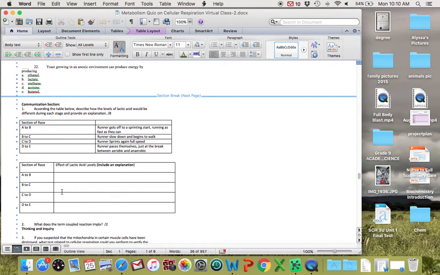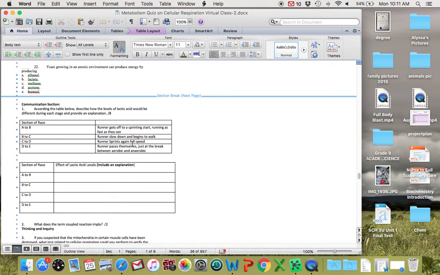From B to C, when they're walking, they should be lowering their lactic acid levels because now you have a surplus of oxygen. All the lactic acid you built up from A to B, you now start to break down because you're walking. Remember, lactic acid gets converted to pyruvate, not to CO2 and H2O, when there's enough oxygen.